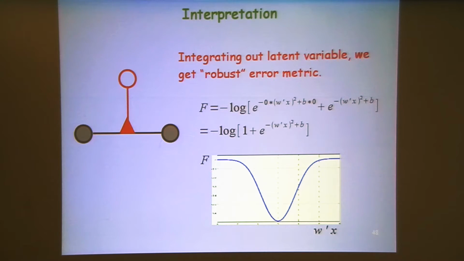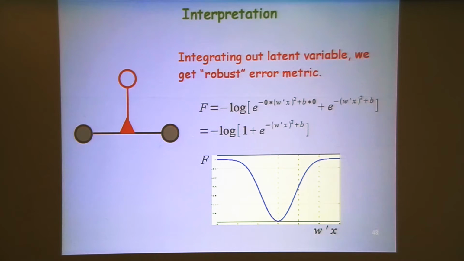It's a function that looks like this. Basically, it discounts large violations of the constraint: when W transpose X is very large, you don't pay as much as you would if it was quadratic. This is known in statistics as robust statistics. Whenever you want to be robust to outliers, you replace your squared Euclidean distance with something that looks like log Student t, and that's an instance of this thing.